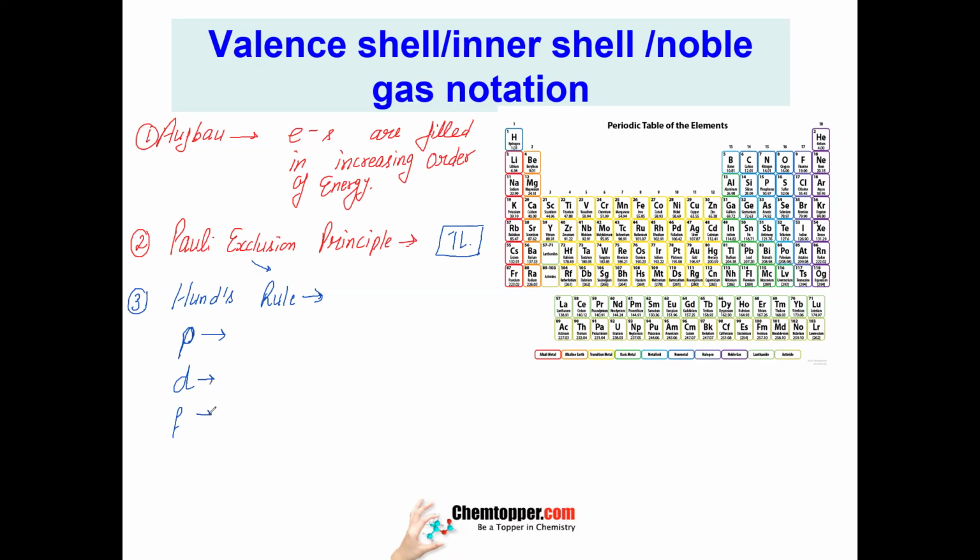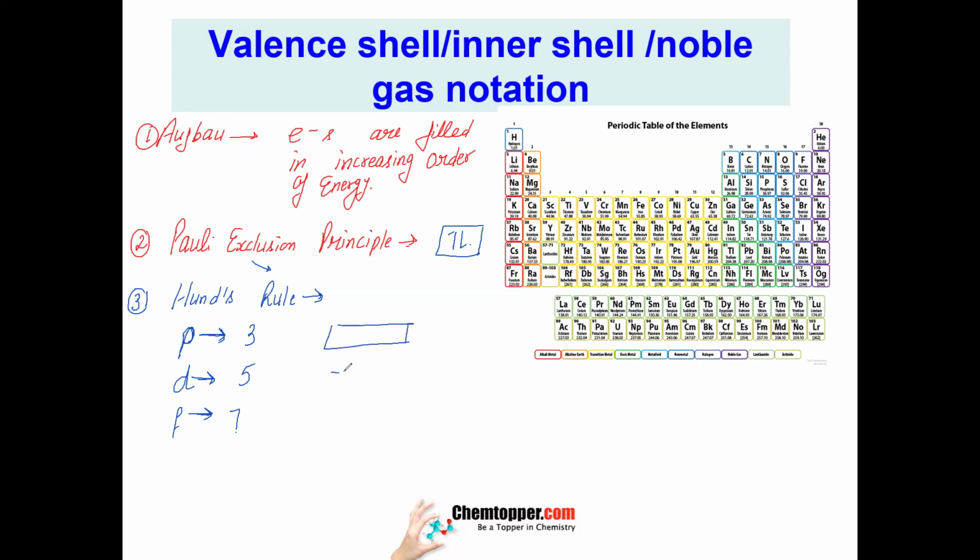S has only one orbital, so there are no degenerate orbitals in it. In p subshell, 3. In d subshell, 5. In f subshell, 7.